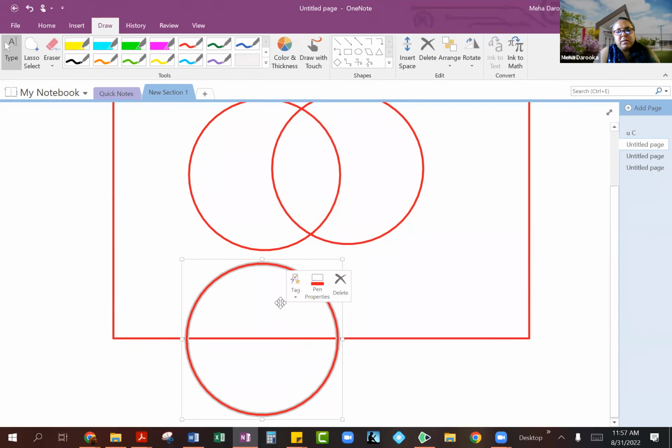Alrighty, so we will have our universal set on the outside. Then we had bicycle, bus, and then walking.